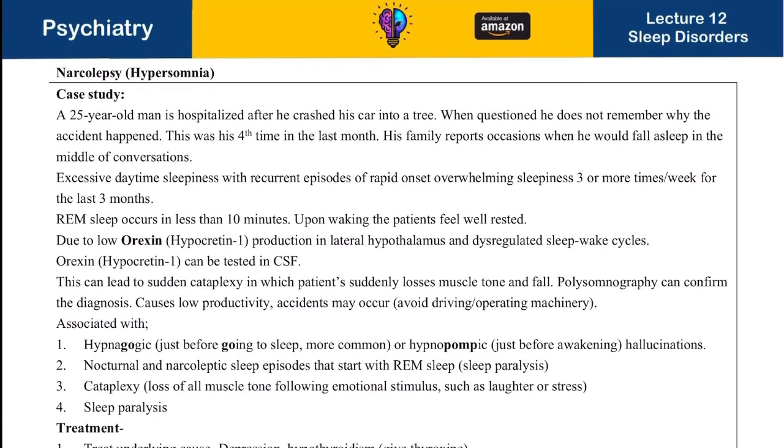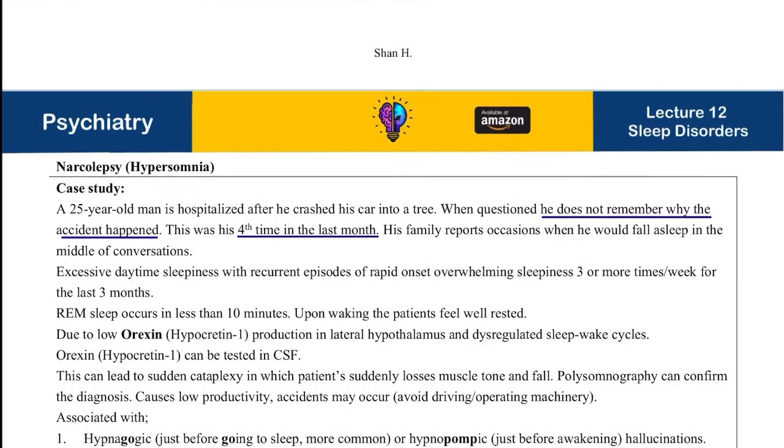Next, we have narcolepsy. We have a 25-year-old man who is hospitalized after he crashed his car into a tree. When questioned, he does not remember why the accident happened. This was his 4th time in the last month. His family reports occasions when he would fall asleep in the middle of conversations.